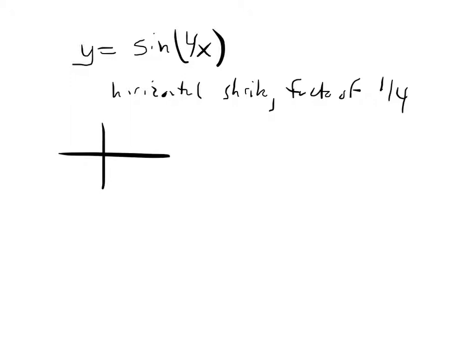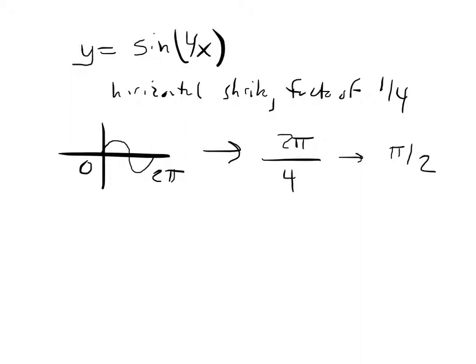We remember the sine graph from 0 to 2 pi, we complete a full period. So if we horizontally shrink by a factor of 4, that period of 2 pi gets shrunk by 1/4, and so my new period turns out to be pi over 2.